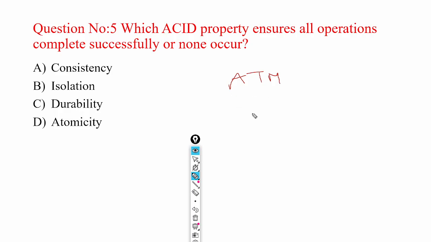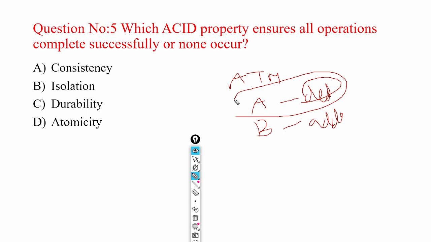There are two accounts, account A and account B. I want to transfer money from A to B. Whenever I transfer the money, the amount is immediately deducted from account A and immediately added to account B. If the system crashes after deduction from A, then a rollback occurs.